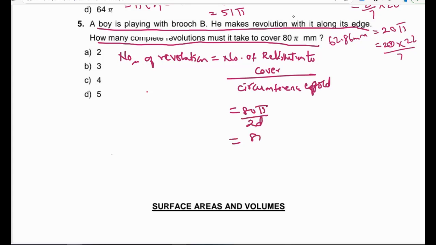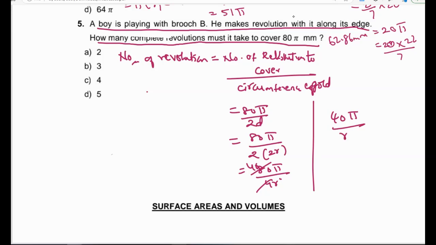So it will be 80 pi divided by 2 into d. D is here 2r. So here it will become 80 pi divided by 4r. So 4 twos are 8, 40 pi divided by r. Now what is r value? R is 10.